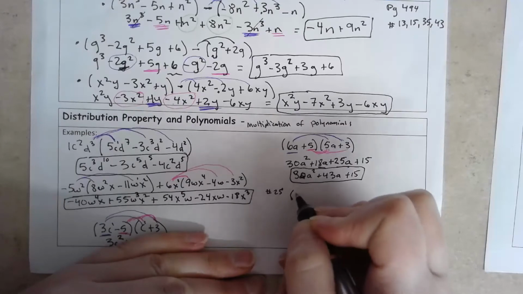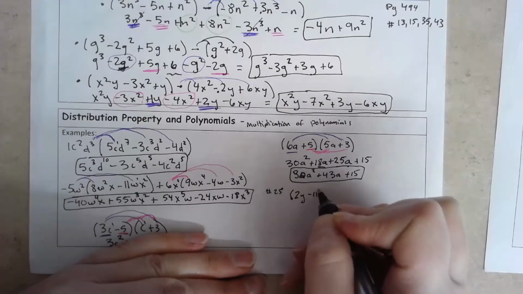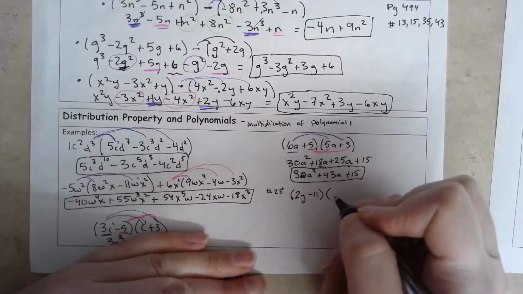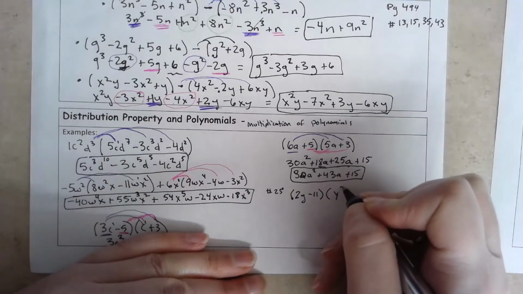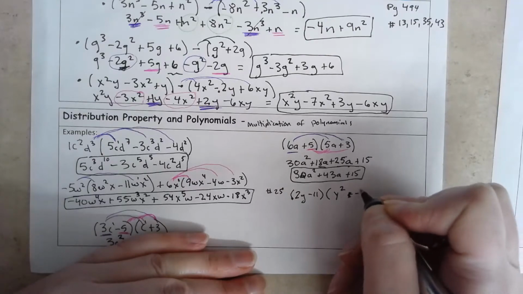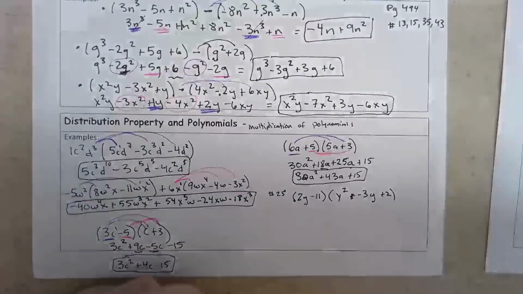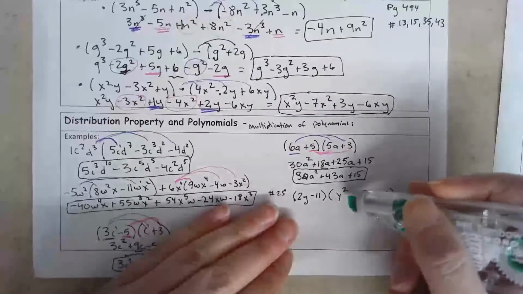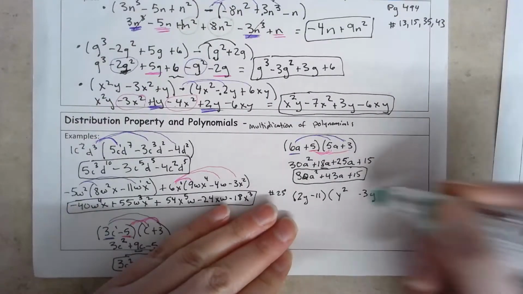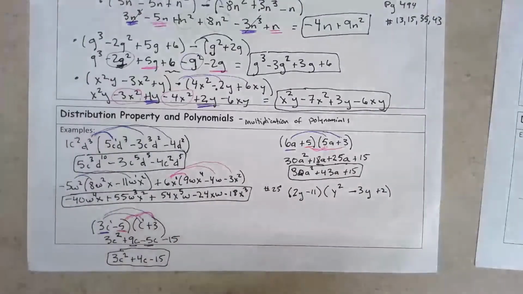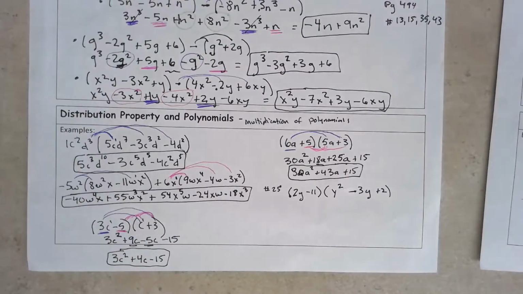It is 2y minus 11 times, so here's our binomial, and this time y squared minus 3y plus 2. So we're taking a binomial and multiplying it by a trinomial. A little bit more intense, but the process is still the same.